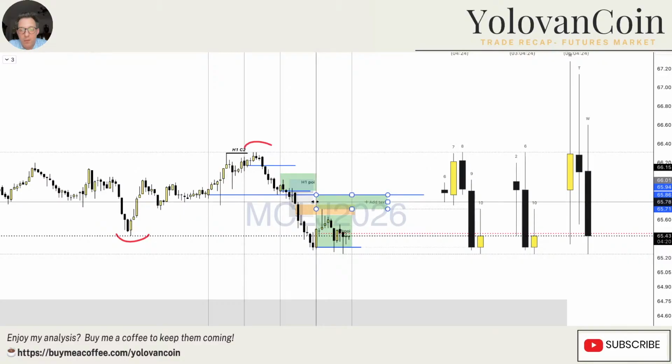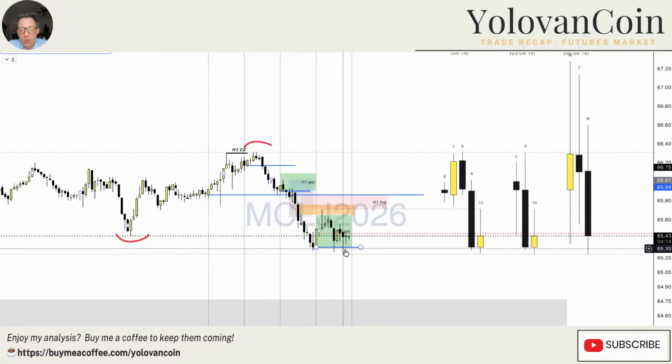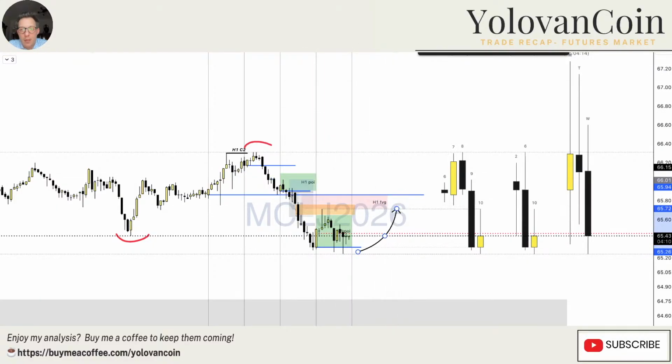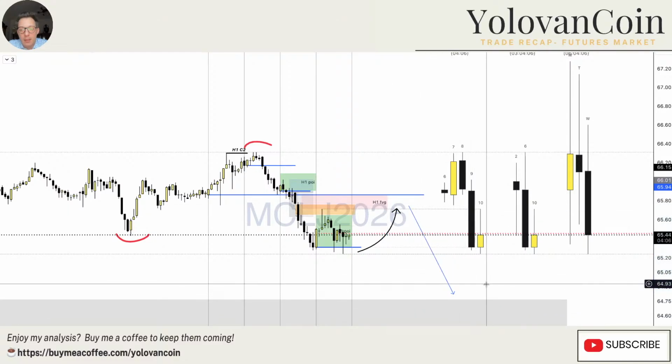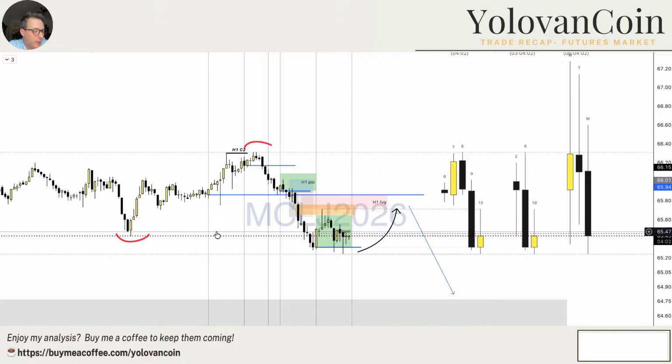That's a 1 hour fair value gap. If we have a closure, then we can anticipate the price gonna go back to this internal liquidity before it goes to take the external as a failure swing above the daily fair value gap, right?